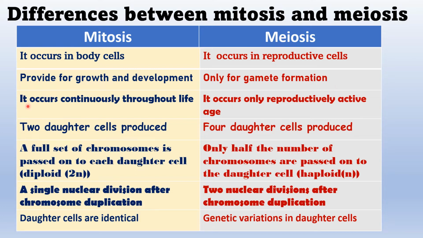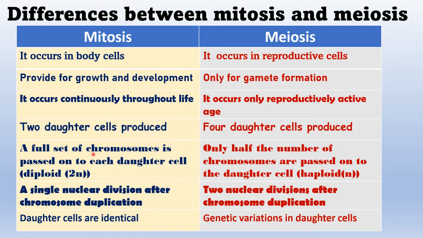Then the next point, mitosis occurs continuously throughout life, but meiosis occurs only in reproductively active age. Mitosis, how many daughter cells are produced? 2 daughter cells produced during mitosis, 4 daughter cells produced during meiosis.